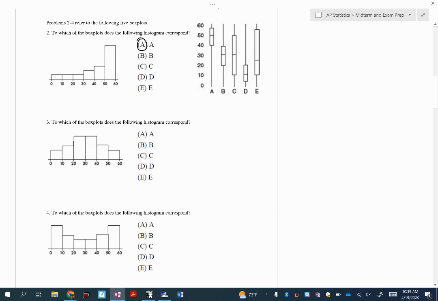So this can be tricky on figuring out which box plot it is, because the box plot is hard to show a lot of the shape. But here's what I would tell you, okay? Do you see how more of the data is in the middle? All right, so what is going to happen when I try to find quartiles? Where are my quartiles going to be? That's the medians of the upper and lower half of the data. Towards the middle, right?